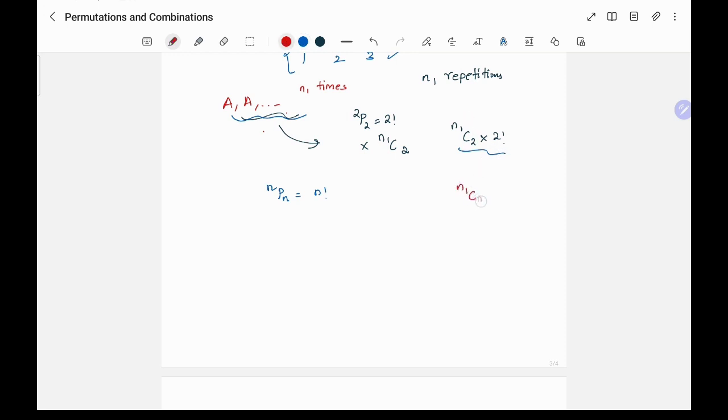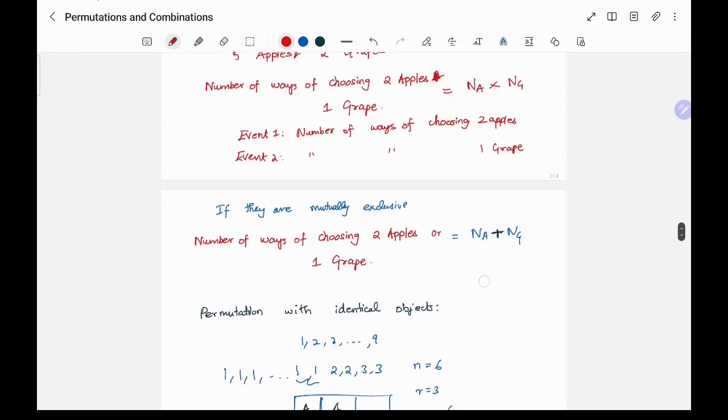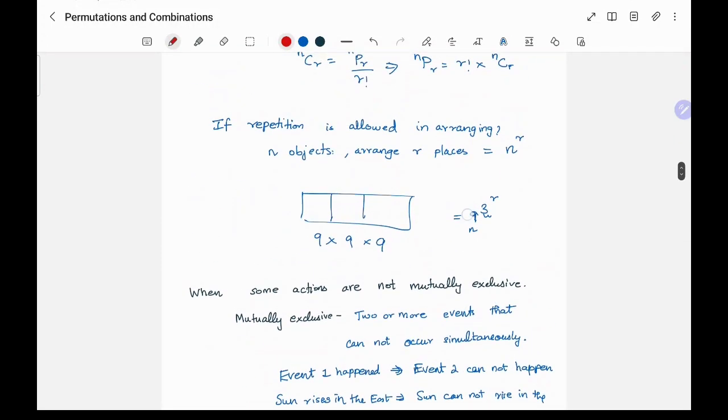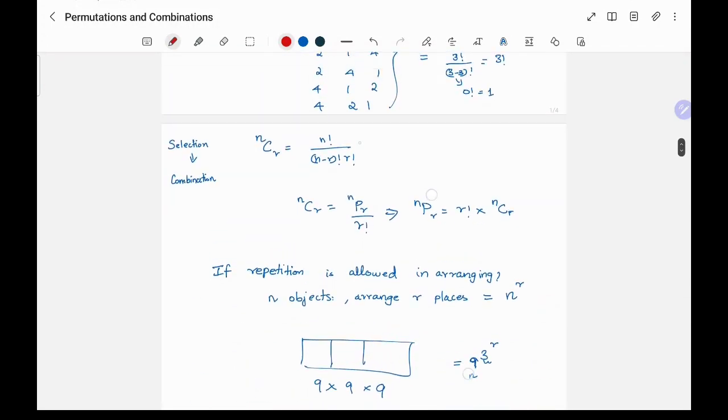So it will be nCn1 into n1 factorial, correct? And nCn1, if you substitute in the formula, what will you get? Here I have it. So it is here, right? nCn1 will be n factorial by (n minus n1) factorial into n1 factorial.